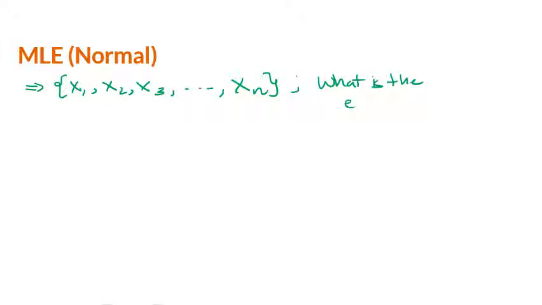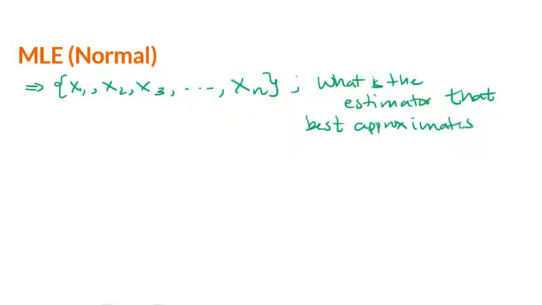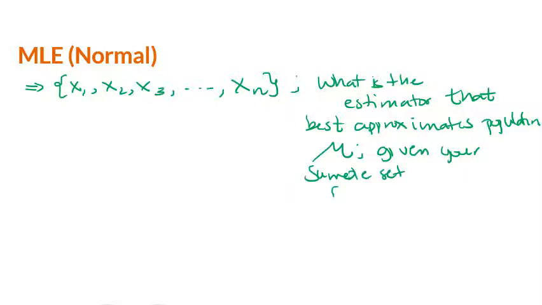Okay, let's now proceed with maximum likelihood estimation for our normal distribution. So if our distribution is normal, let's say you have n values. This is your sample population, x1, x2, x3, and so on until xn.